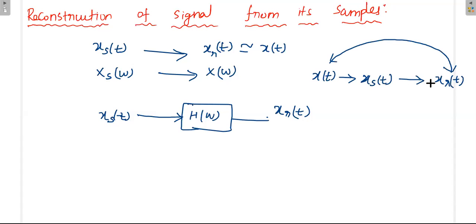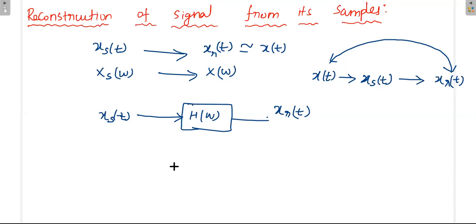We cannot exactly recover our original signal, but approximately we can, because in the process of quantization, if it is digital, we lose some information. So xr of t is the recovered signal from the sampled signal xs of t.